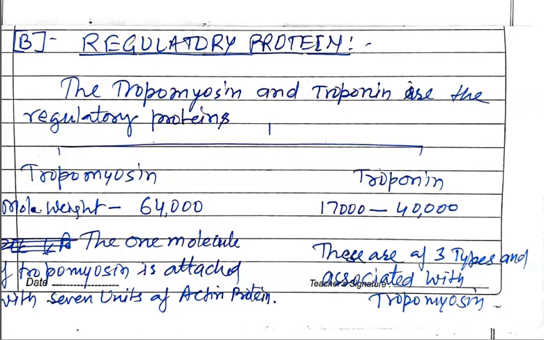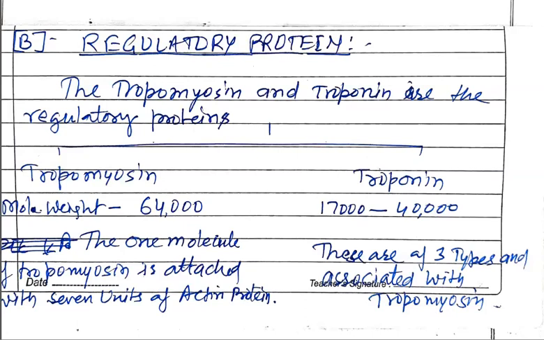If we see the tropomyosin, it has a molecular weight of 64,000 units, and one molecule of tropomyosin is attached with 7 units of actin proteins. Or we can say that one molecule of tropomyosin covers the 7 globular units of actin protein.